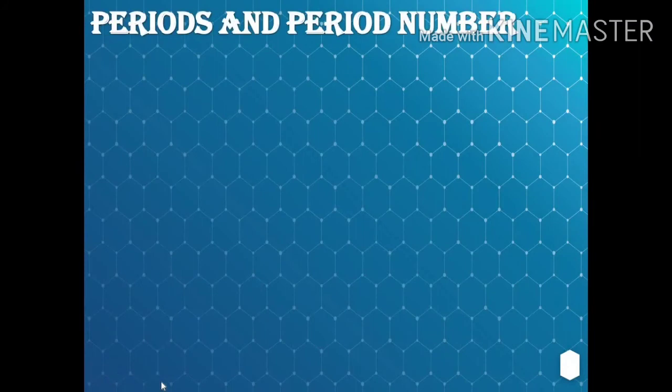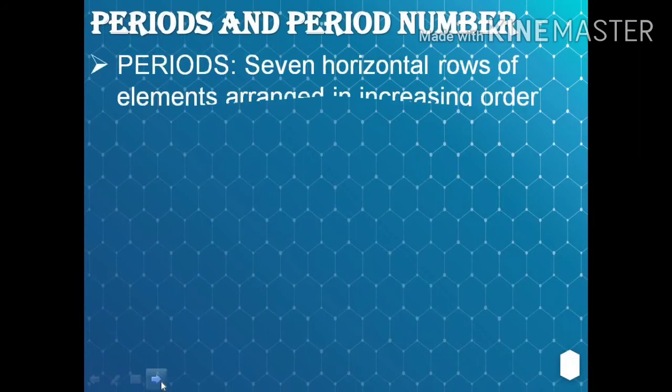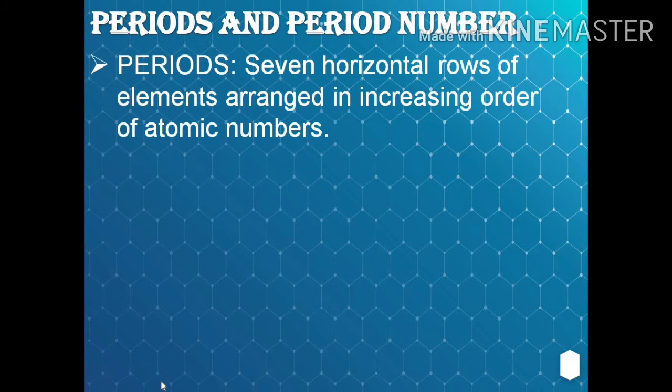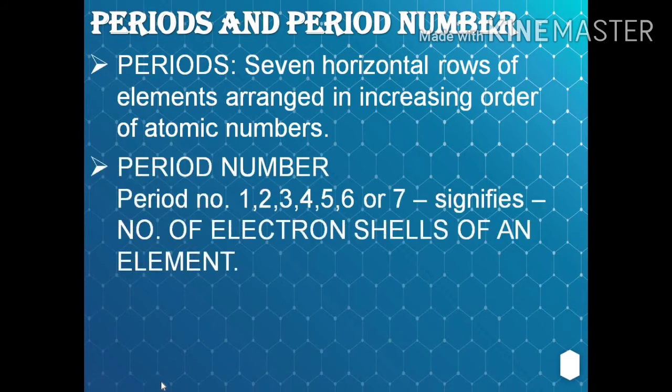Now we have the periods and the period number. Periods are nothing but the 7 horizontal rows of elements arranged in increasing order of atomic numbers. Period number means 1, 2, 3, 4, 5, 6 or 7. We already know that there are 7 horizontal rows and they are known as periods.